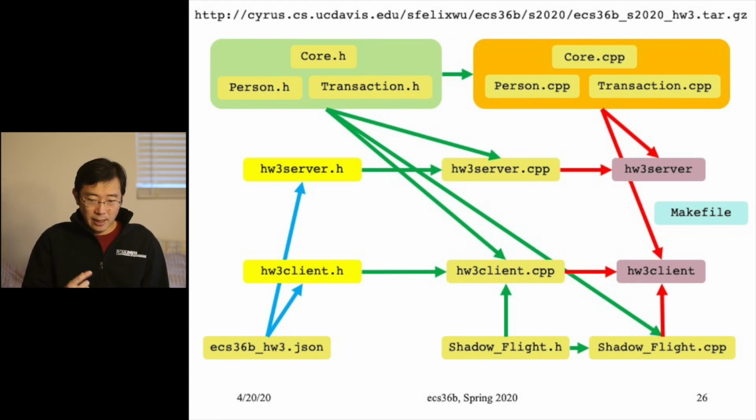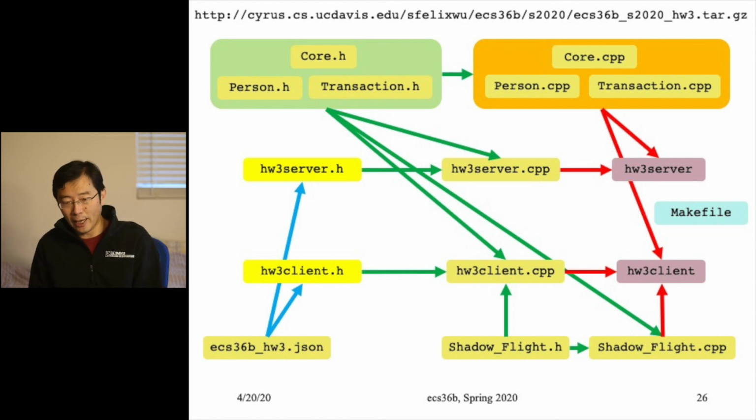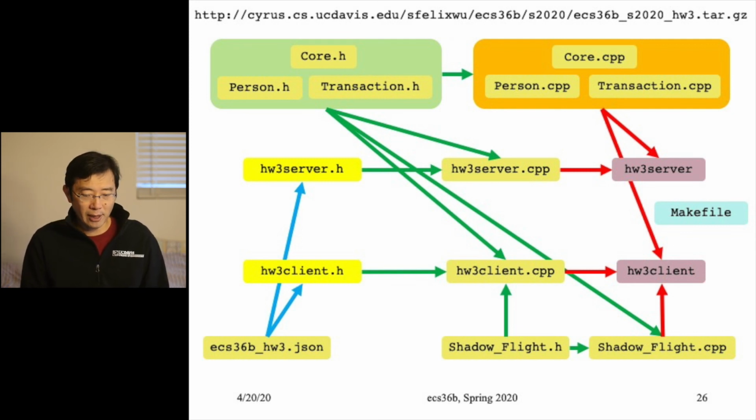So if you want to generate the executable HW3 server, you will need all the .o files from core.cpp, person.cpp, transaction.cpp, and HW3 server.cpp.